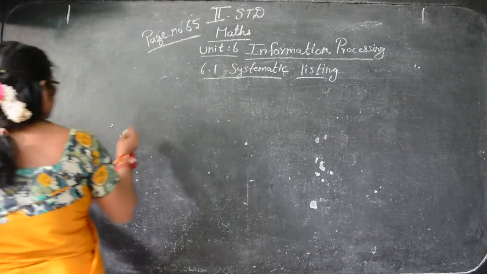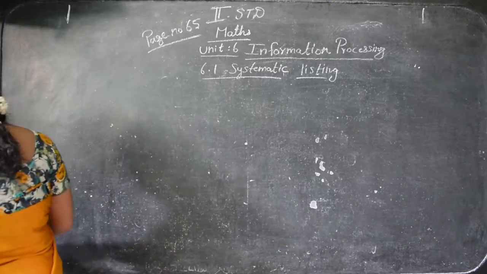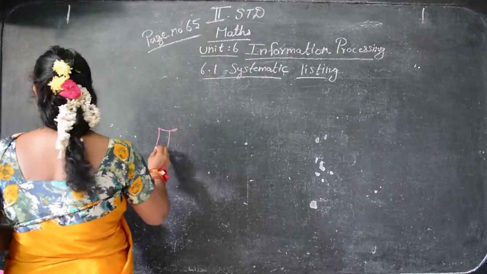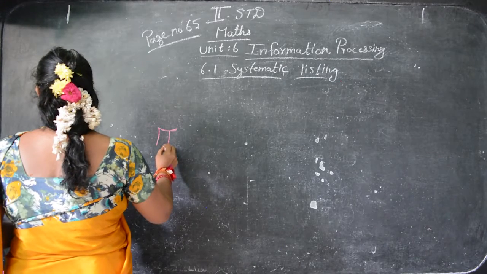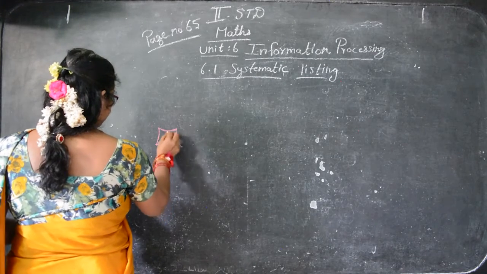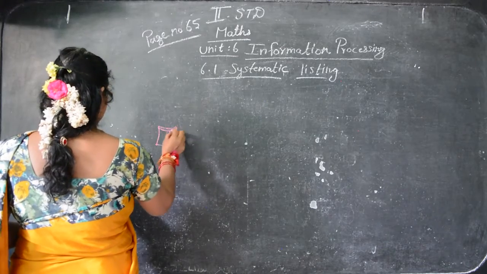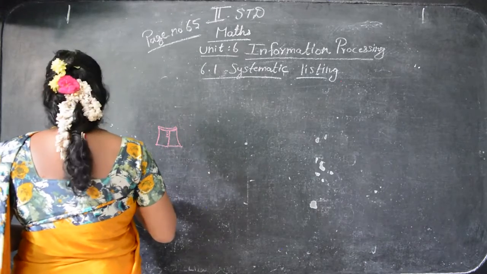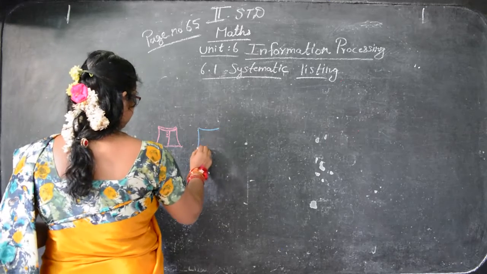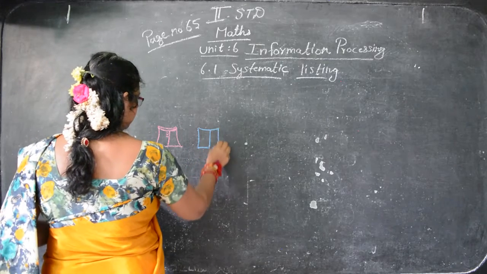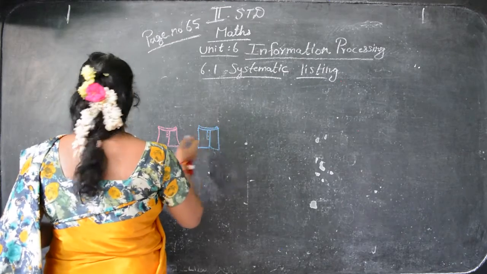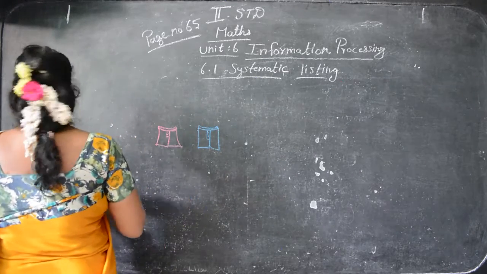See here, two trousers are given here, two shorts. Next one is blue in color. Then the shirt, a green color shirt.